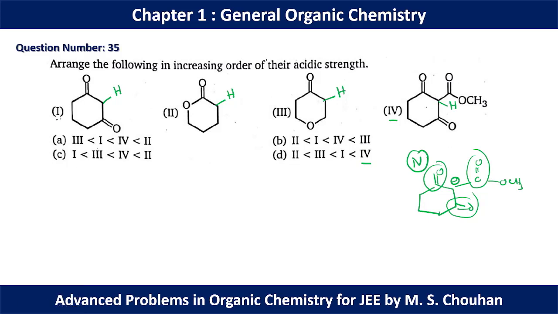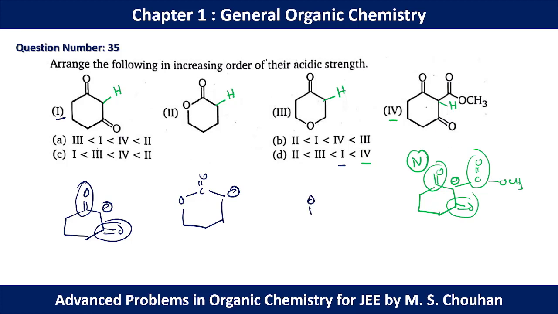Now if we go for one, we can draw the conjugate base like this, and this negative charge is resonance stabilized by this C double bond and this C double bond. So after 4 we have 1. Now for 2 and 3 we can draw the conjugate base like this.